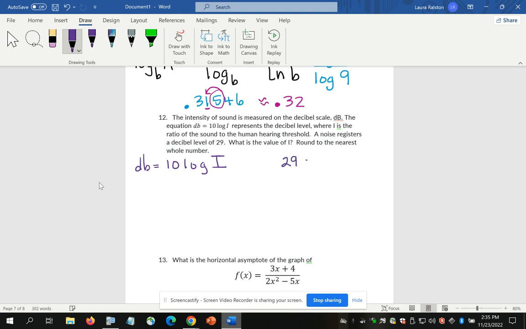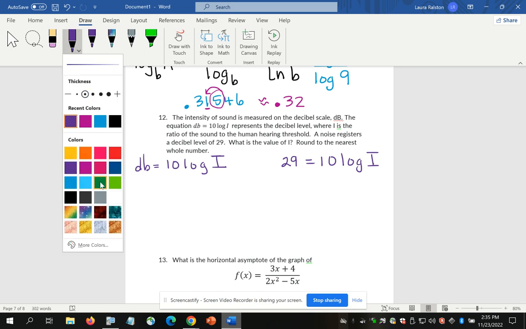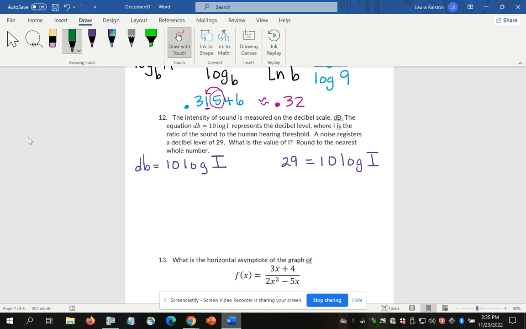So we have 29 equals 10 times the log of the intensity level. And I need to solve that equation for I. So initially, I'm going to divide both sides by 10 to isolate the logarithm.